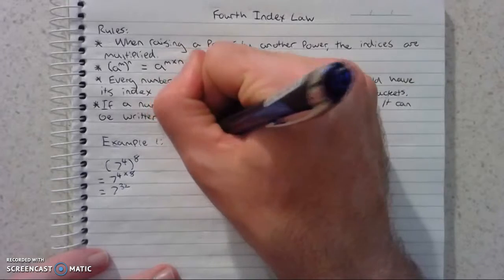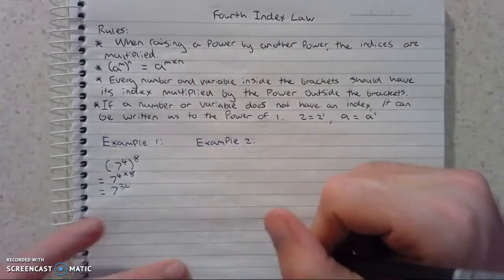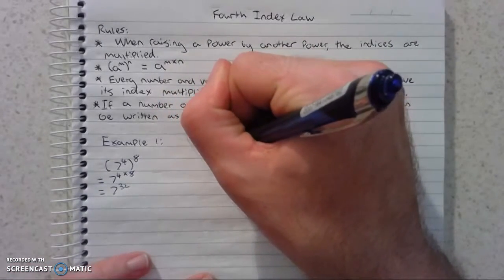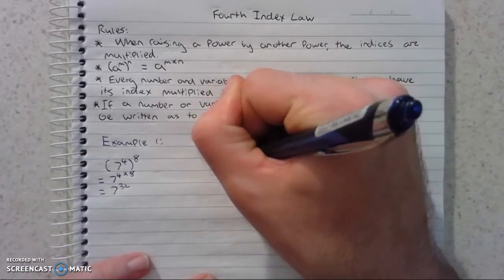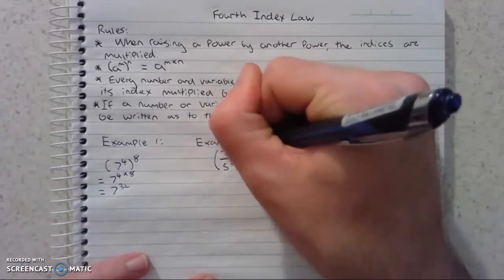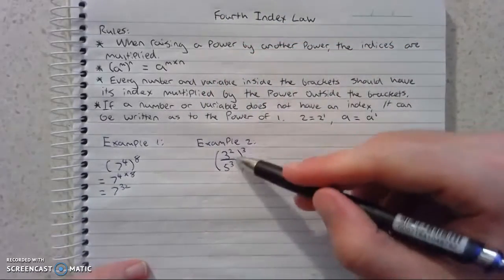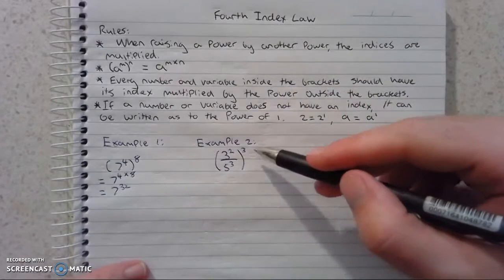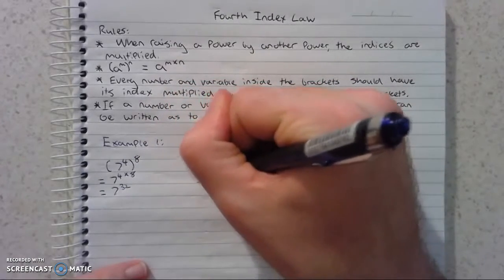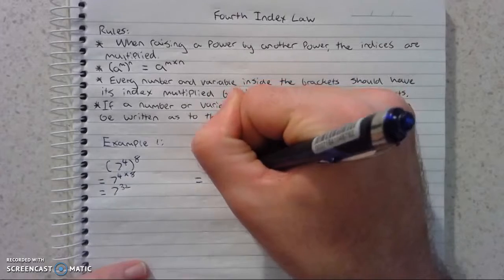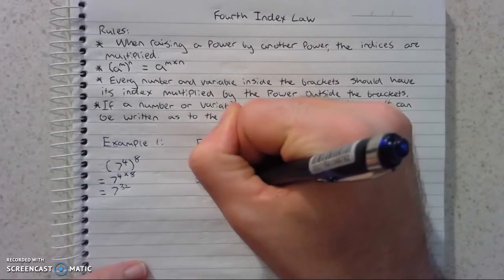We'll do the second example now. If we have 3 to the power of 2 over 5 to the power of 3, and that whole fraction is to the power of 3, we know that every single thing inside is multiplied by everything outside. So that can be written as 3 to the power of 2 times 3, all over 5 to the power of 3 times 3.